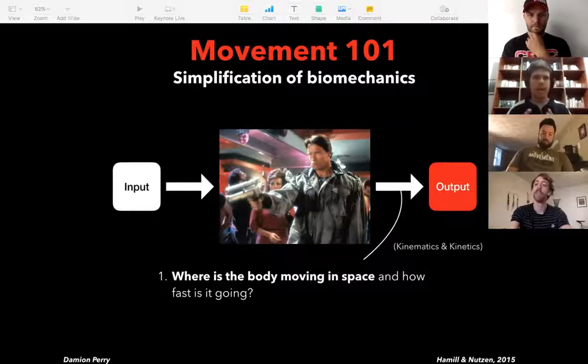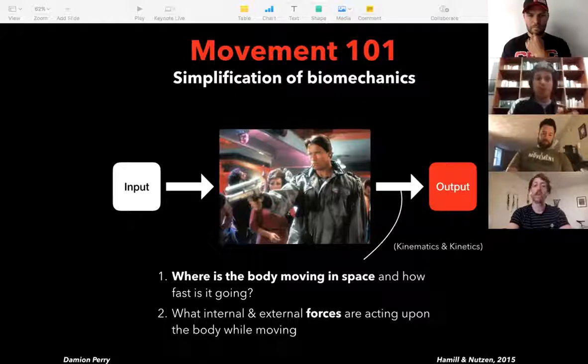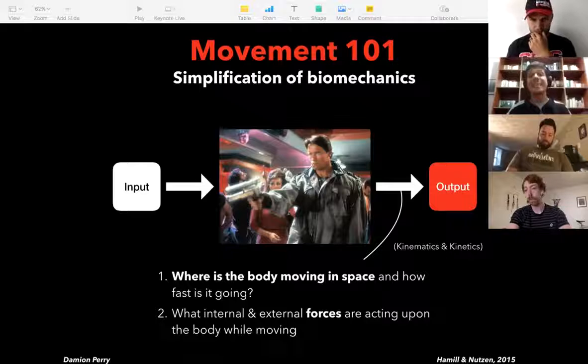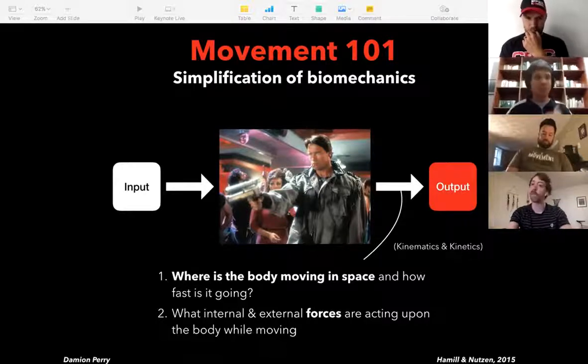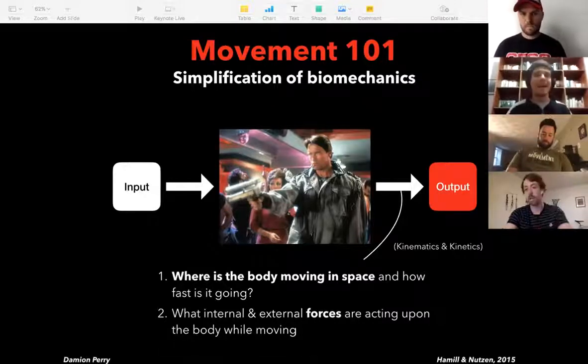We're just going to talk about the movements themselves, where the body is moving in space. And then, what internal and external forces are acting upon the body while moving. So in biomechanics, if I have you running on a treadmill or on a force plate, we're going to measure forces in regards to gravity and newtons and you stomping the floor, and all those sorts of things.